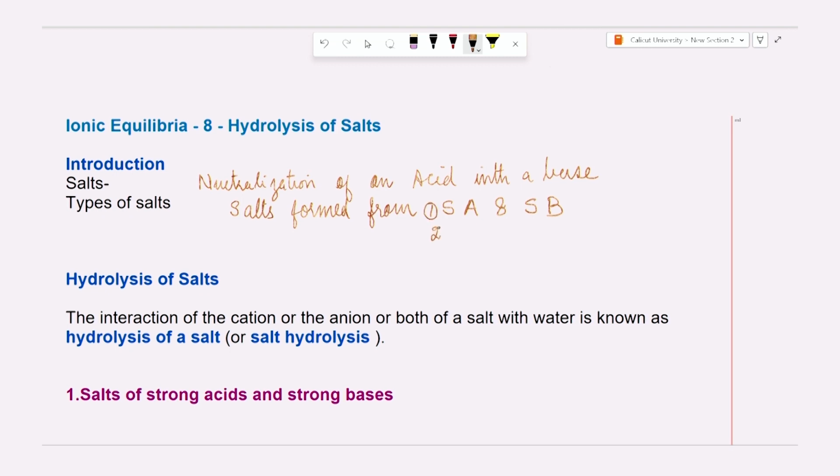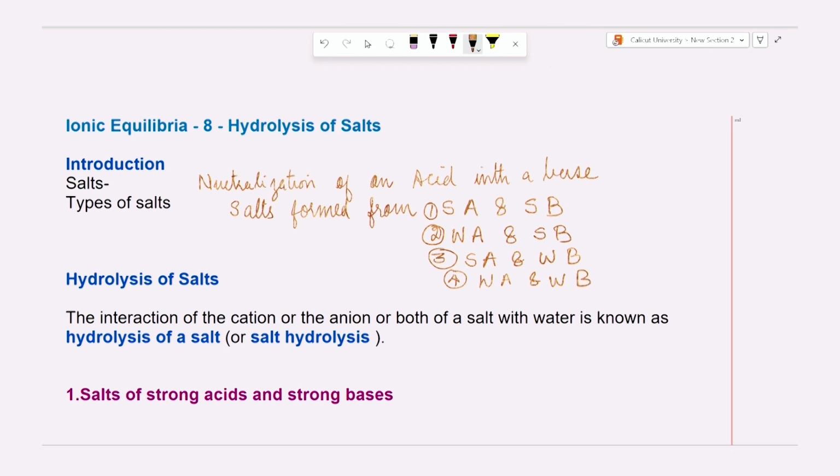Then the second one is from weak acid and strong base. Third one, we can have a strong acid and weak base. Now, the fourth category is where both acid and base are weak.